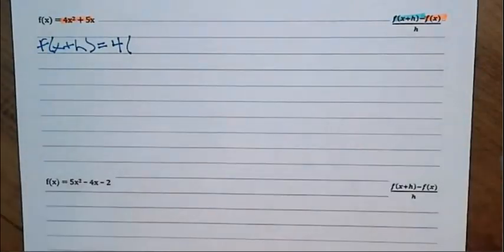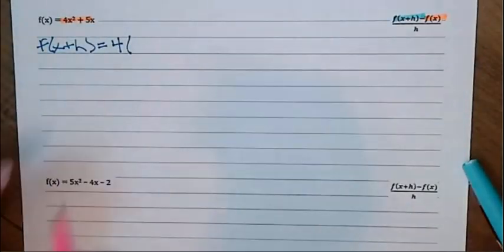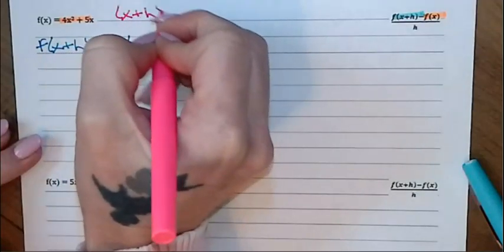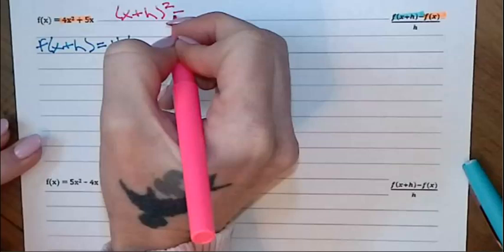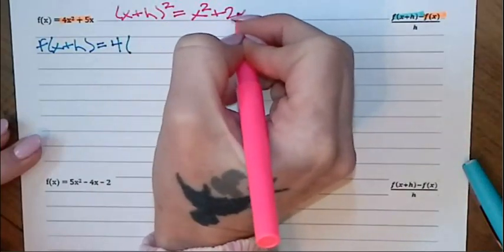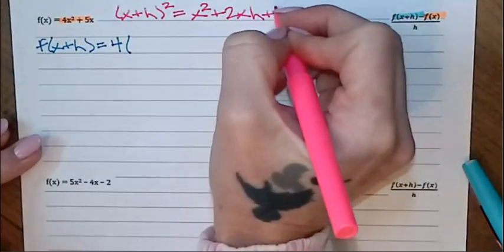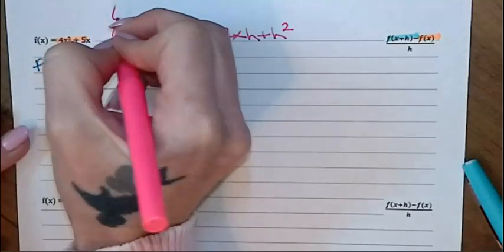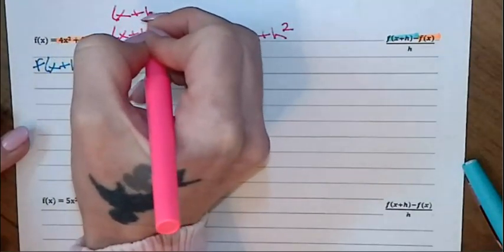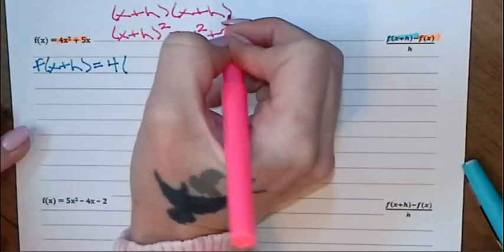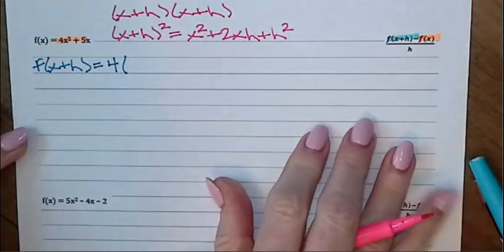4 times, we know this is going to be x plus h squared, right? And we know that x plus h squared is x squared plus 2xh plus h squared. And again, this is the same thing as x plus h times x plus h, which you could easily FOIL, or just multiply your binomials together.